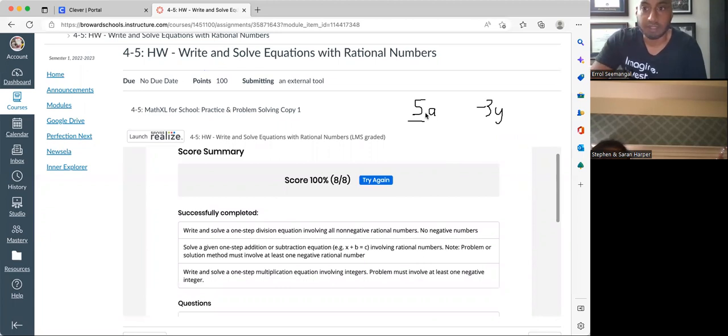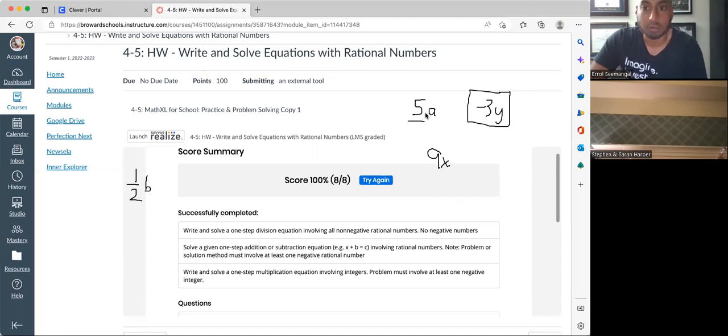What's the number beside the variable on this one? Negative 3. What's the coefficient here? 9. What's the number beside the variable here? 1/2.